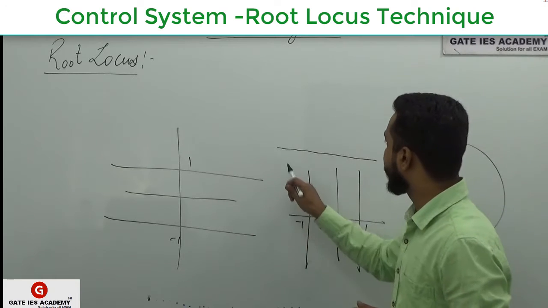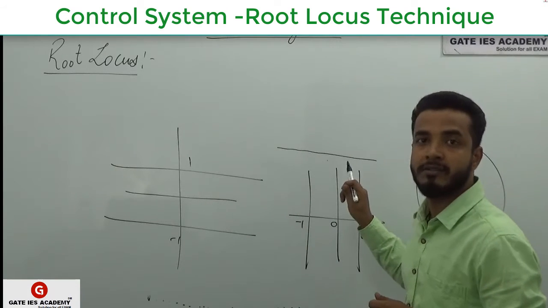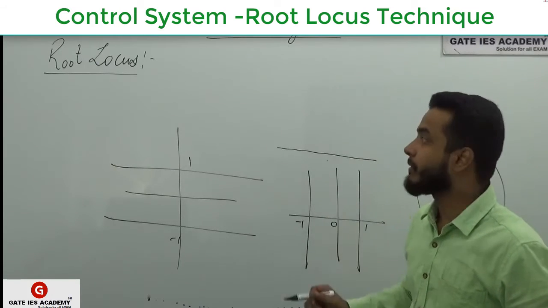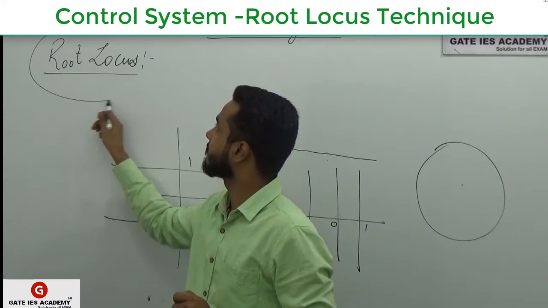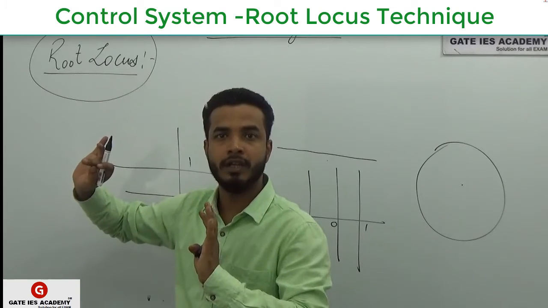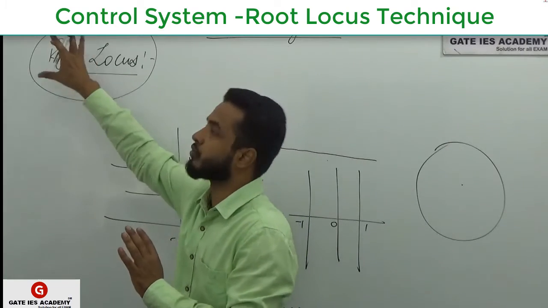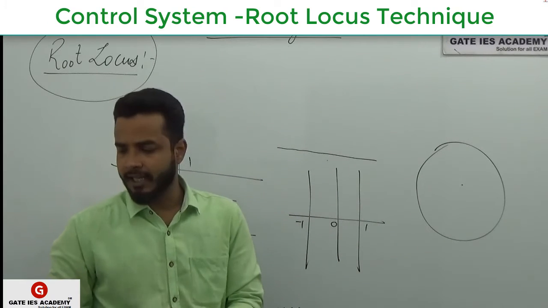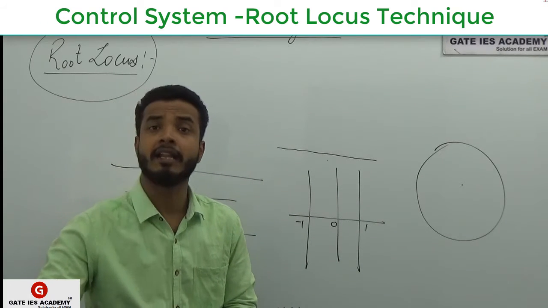So now we are interested in the connection of the points. Points are nothing but the roots. That means what is the root locus? It is just the locus which will contain some roots. Roots of what? Ultimately here we are interested in the analysis of the system.